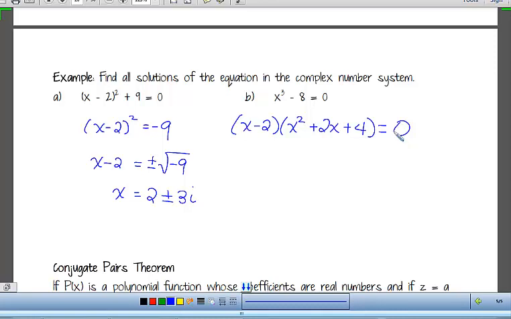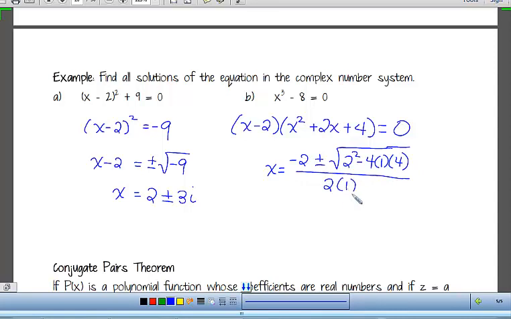So x equals minus b, so minus 2, plus or minus the square root of b squared minus 4ac, all over 2a. And so we get minus 2 plus or minus the square root of 4 minus 16, which is -12, over 2.